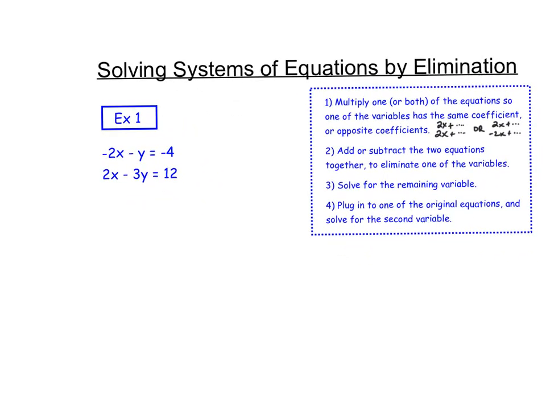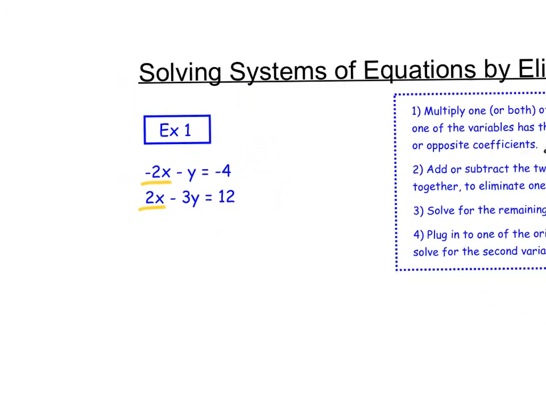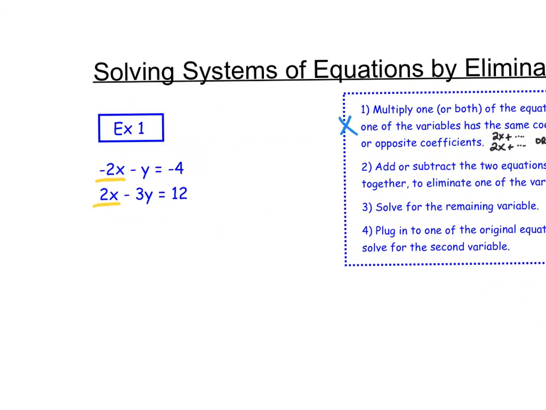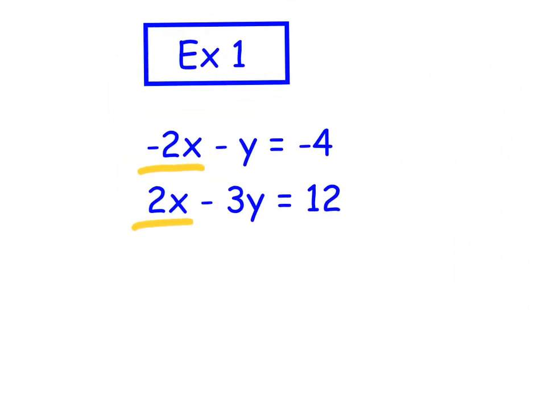In our first example, if you notice, the negative 2x and positive 2x are the same, just one's positive and one's negative. So step 1 is already done. Now we're going to do step 2, and add these two equations together.